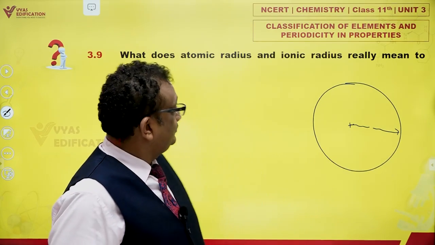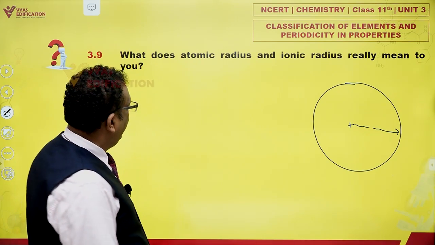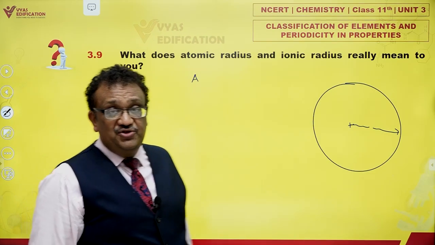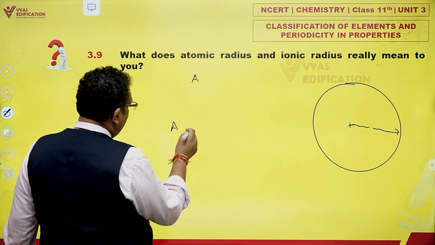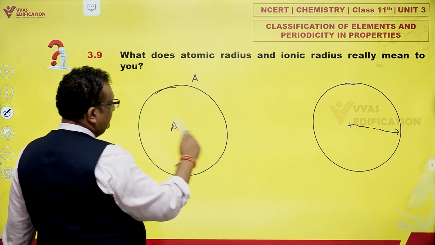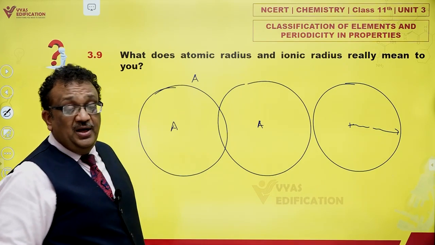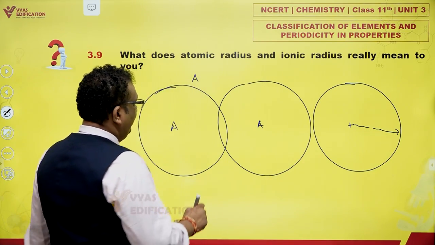So when we talk about atomic radius, say we want to find the radius of an atom A, the first thing we check is, does this atom A form bonds like A-A? Can it form a diatomic molecule like this?